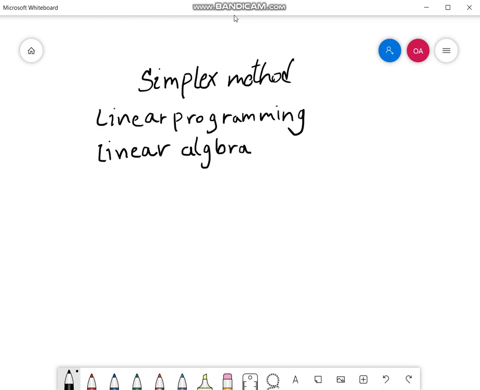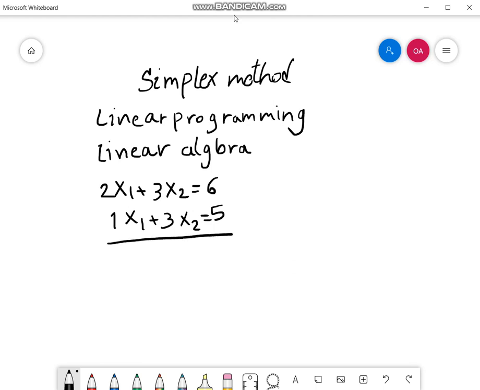Back in linear algebra, when we have a system, for example, with two variables, let's assume we have 2x1 plus 3x2 equals 6, and 1x1 plus 3x2 equals 5. If we want to solve this problem, we subtract these two equations using the elimination process.